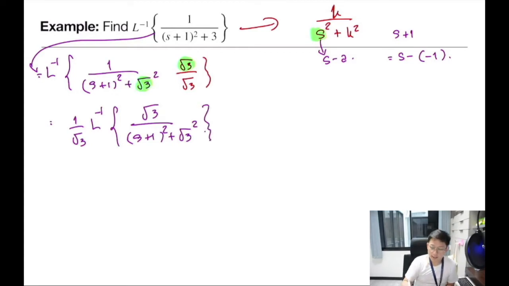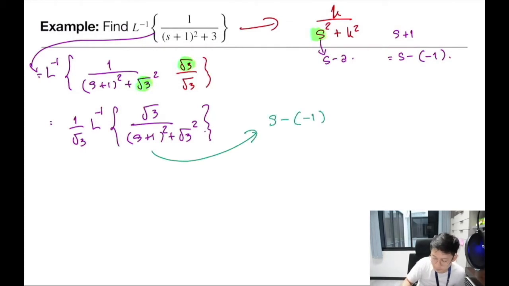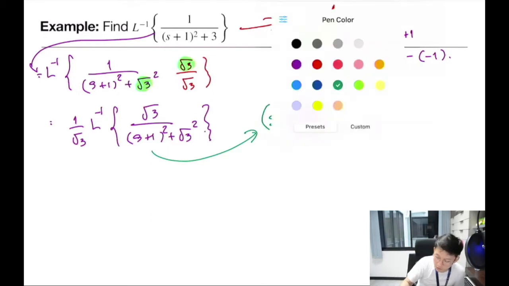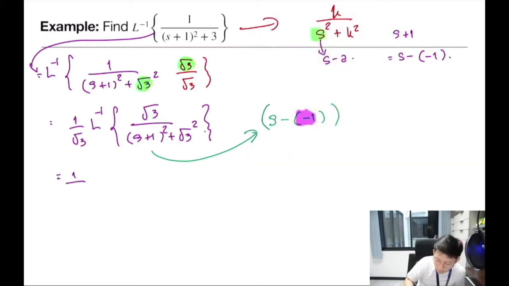Okay, and guys, don't forget that this is actually s minus minus 1. And you can pull this minus 1 out of the inverse, right? Using the inverse, the first translation technique. So you would have 1 over square root 3, and then you get e to the minus t.